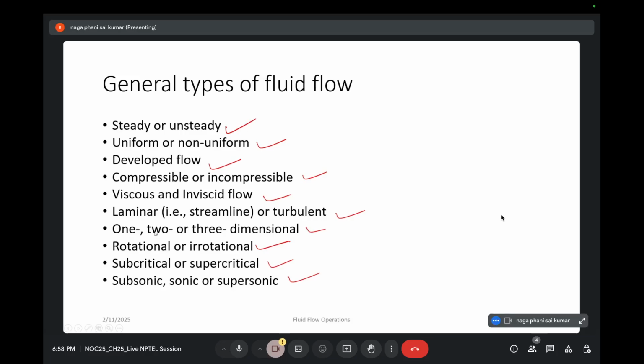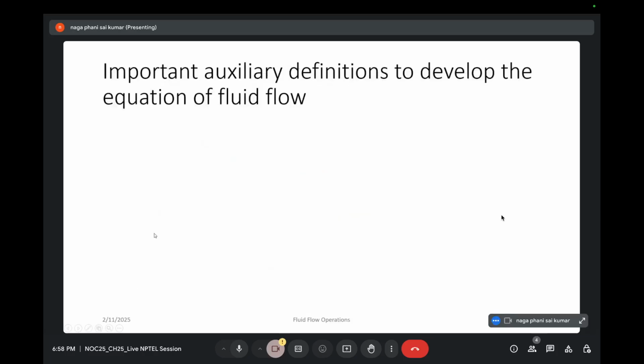But before going into different flow patterns, let's understand a few terms which are necessary for understanding those flow patterns. The first one is discharge. What is meant by discharge? It is the quantity of substance flowing per unit time across any cross section of a conduit. It is also referred to as rate of flow.